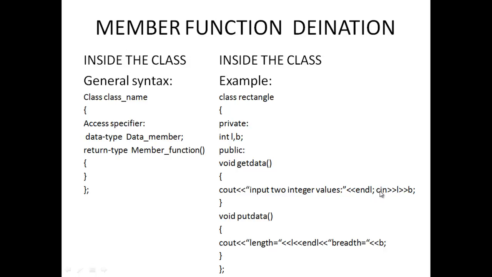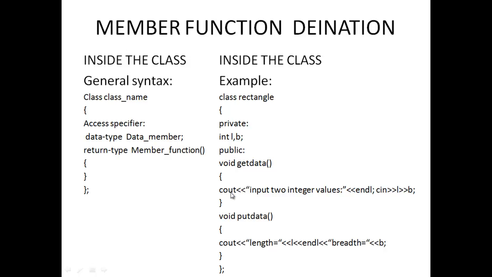Then I am writing cin, the extraction operator, first data member, and again the extraction operator, second data member, and then a semicolon. This line defines cin for input values and cout for output values. Cin and cout both are objects. Cin is the input object and cout is the output object.